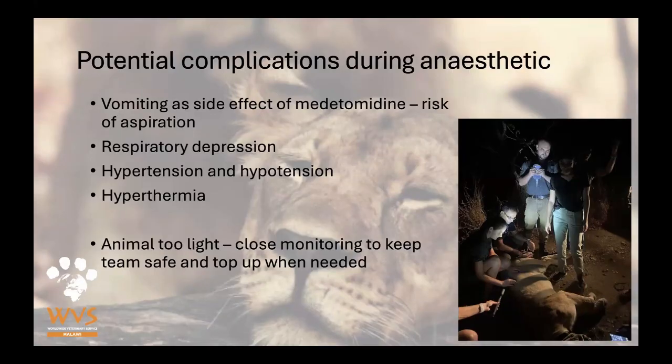What we usually do is have cool packs in a cool box, and we wrap them in some tea towels and place them in the groin area, under the front leg, inside the ear pinna, and that way try to cool them down. We can also put an ice pack on the IV fluids. And actually oxygen supplementation is also effective.